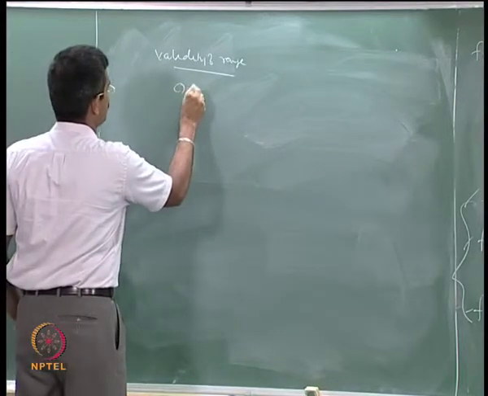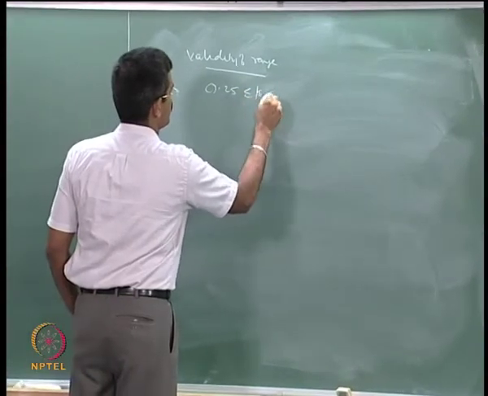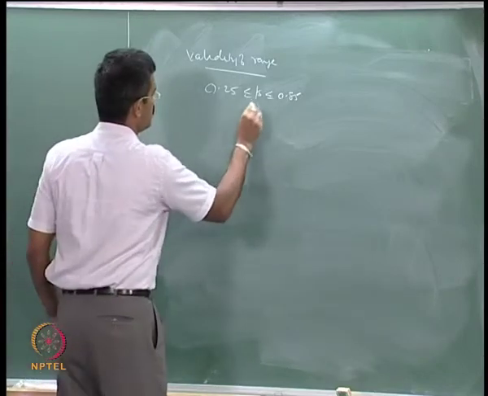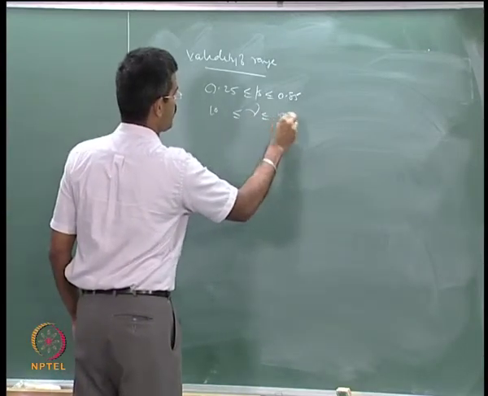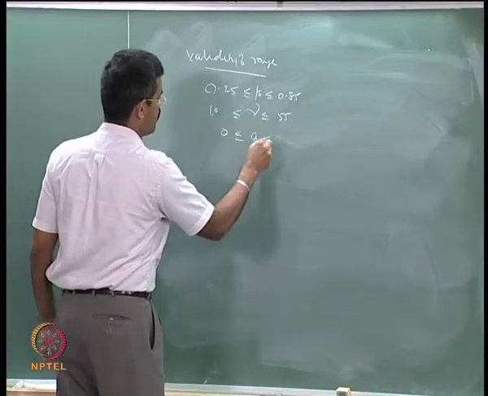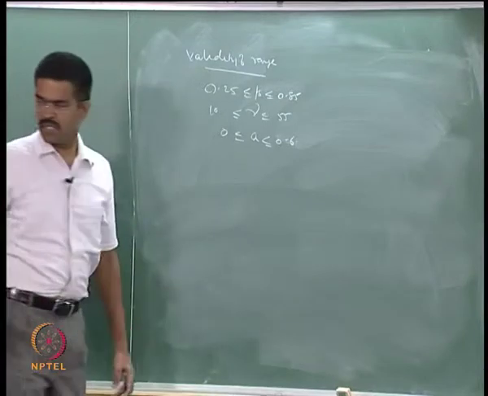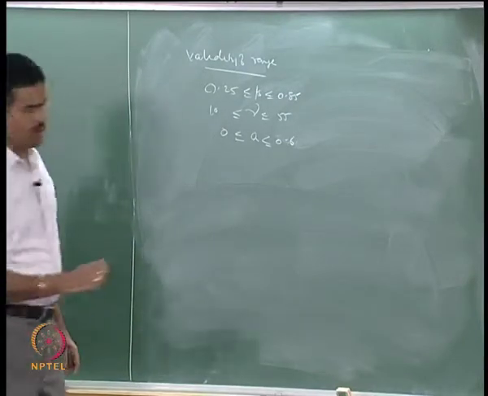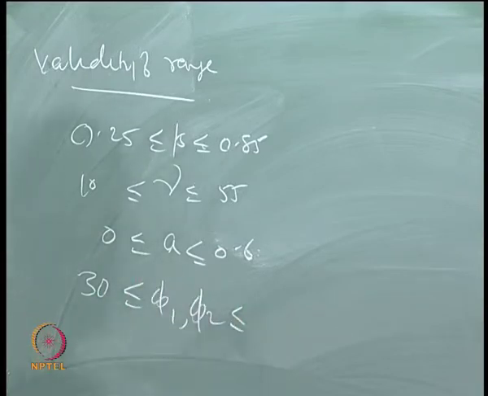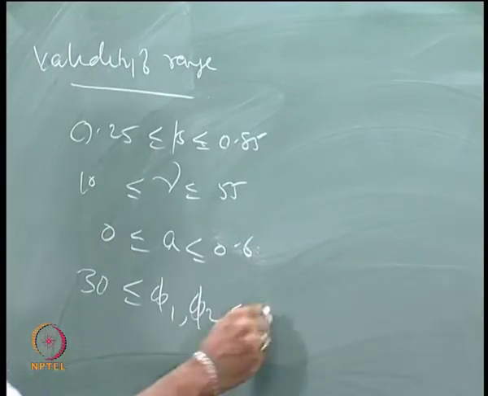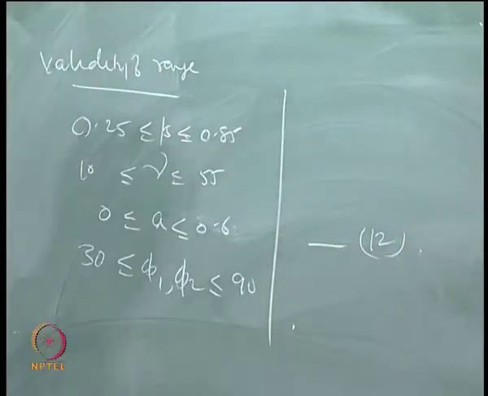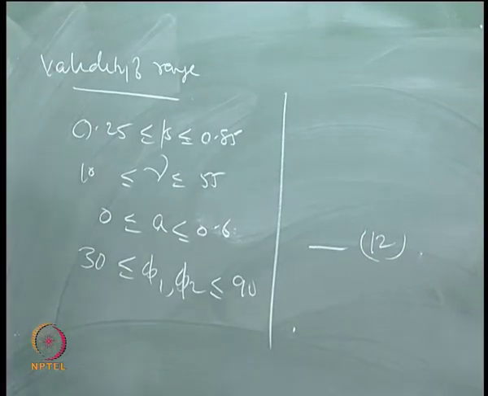Beta is from 0.25 to 0.85, nu is from 10 to 55, a is from 0 to 0.6, and the brace angles 30 to 90. These are validities which I call equation number 12. These are all for your K joints.